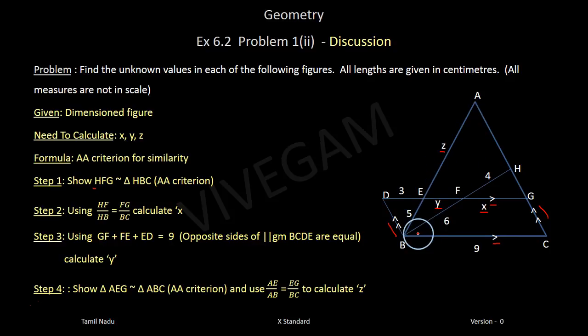That is, angle E will be equal to angle B, because these two lines are parallel. So two angles in this triangle are equal, which means these two triangles are similar. That is, AEG is similar to ABC. Once that is there, then you have AE divided by AB equal to EG divided by BC. That's what is given. And using this relationship, you will be able to calculate Z.